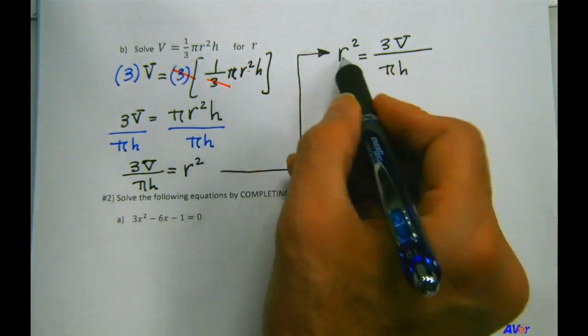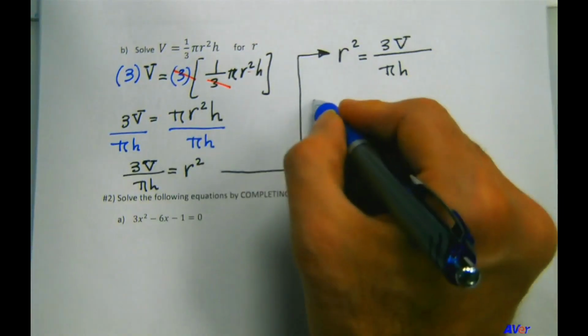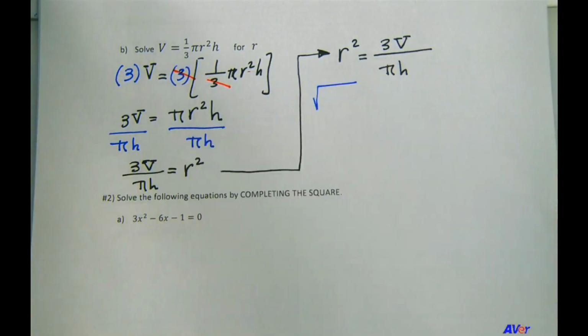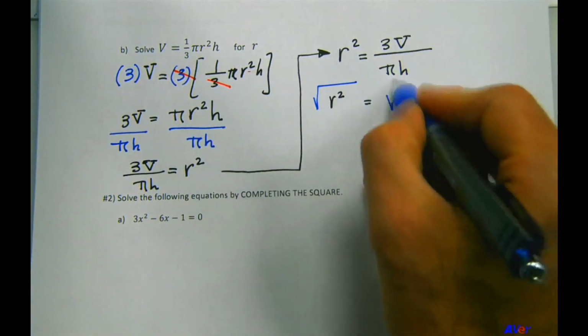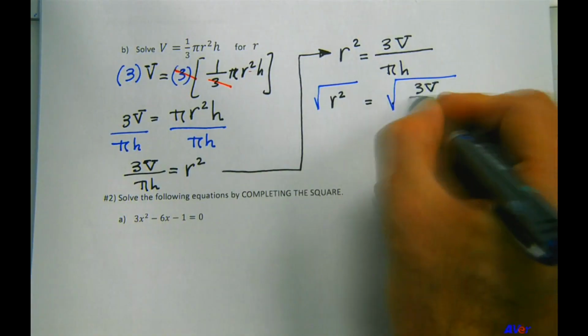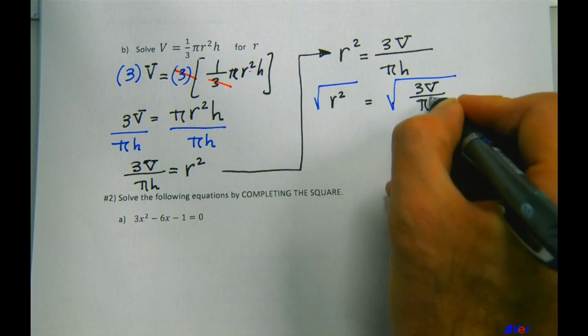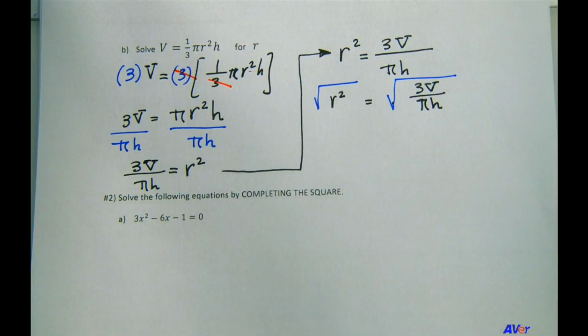Now we're solving for r, so we have to take the square root of both sides, right? Square root of r squared equals square root of 3V divided by pi h. So what I've done has an error in it. Do you know where the error is? Do you see it?